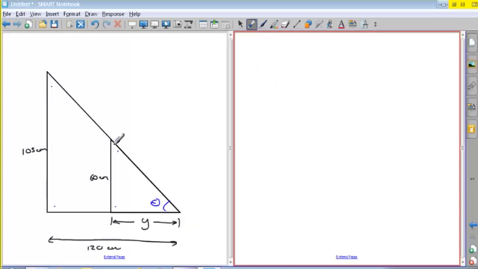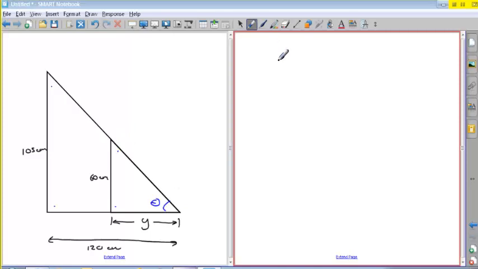Well, you've got two similar triangles. You get this triangle, and you get this big triangle, and these two sides correspond to each other. This long hypotenuse corresponds to this shorter one, and then these two sides correspond.